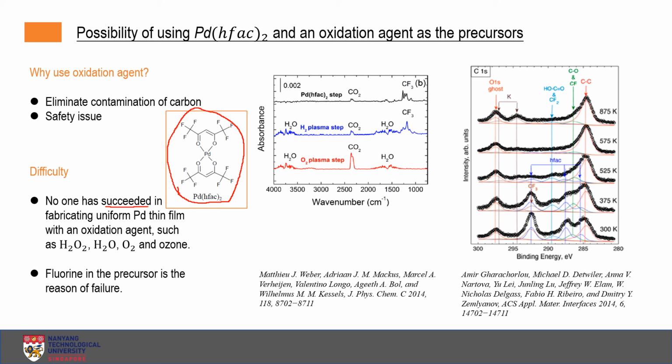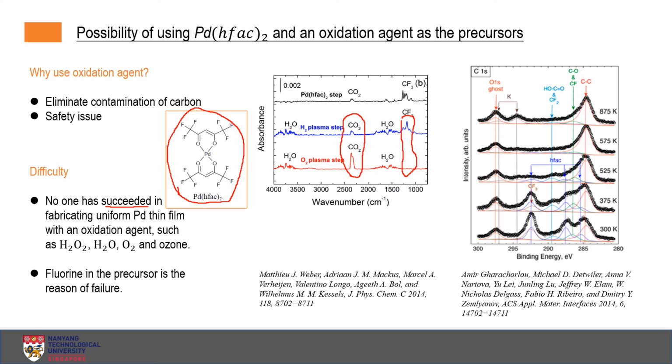In the previous study, we can see after oxygen plasma step, not only the intensity of carbon dioxide increased, but also we can see the peak of carbon fluorine species disappeared. So this result implied that the fluorine might not be the reason for the failures.